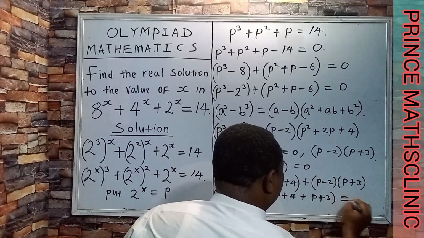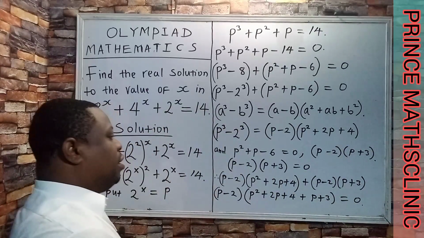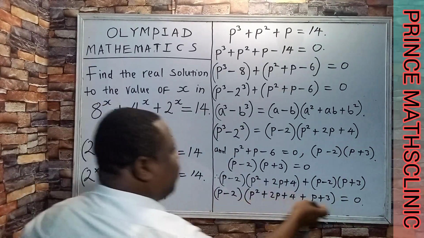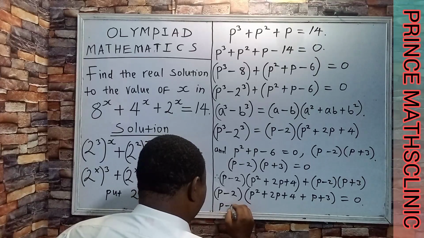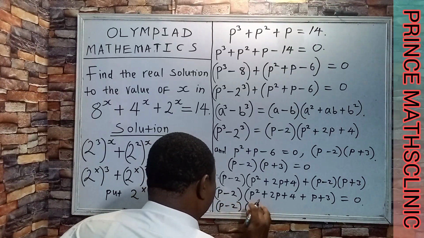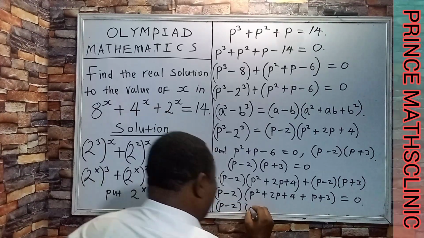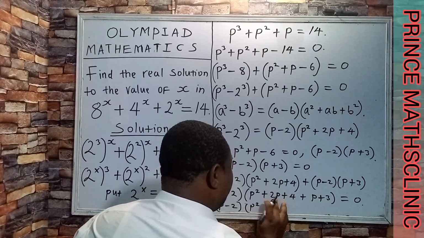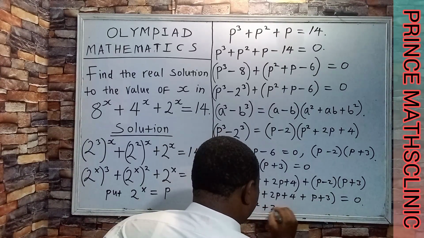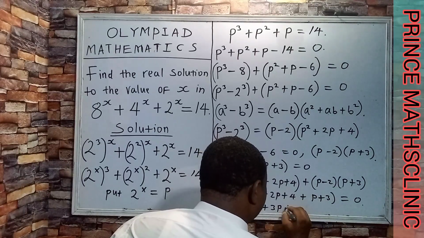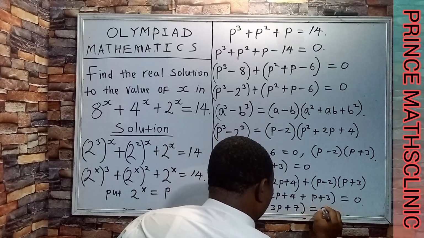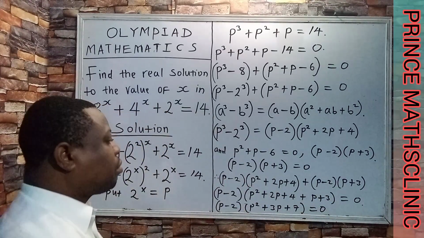Remember, all equal to 0. Now, I can further simplify this part, but I'll write my p minus 2. So if I simplify, p squared, then 2p plus p gives me positive 3p, then 4 plus 3 gives me 7, all equal to 0.